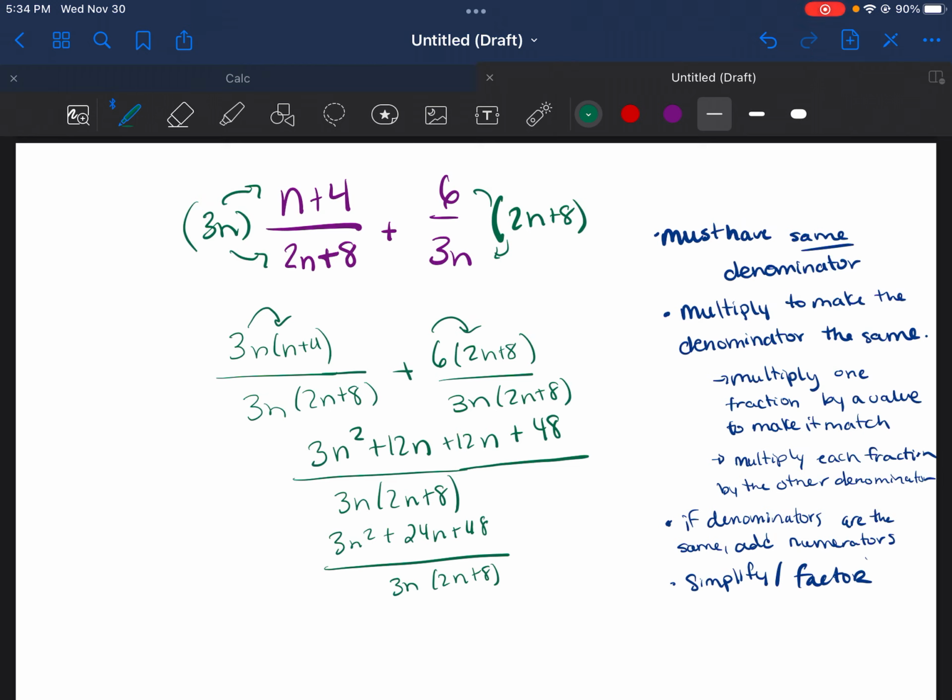So now I'm going to look to see how I can simplify this. I see that my coefficients here, 3, 24, and 48, can all be divided by 3. So I'm going to do that over here. I'm going to divide out a 3 here and think about what would be left. n squared. 3 times 8n is 24n.